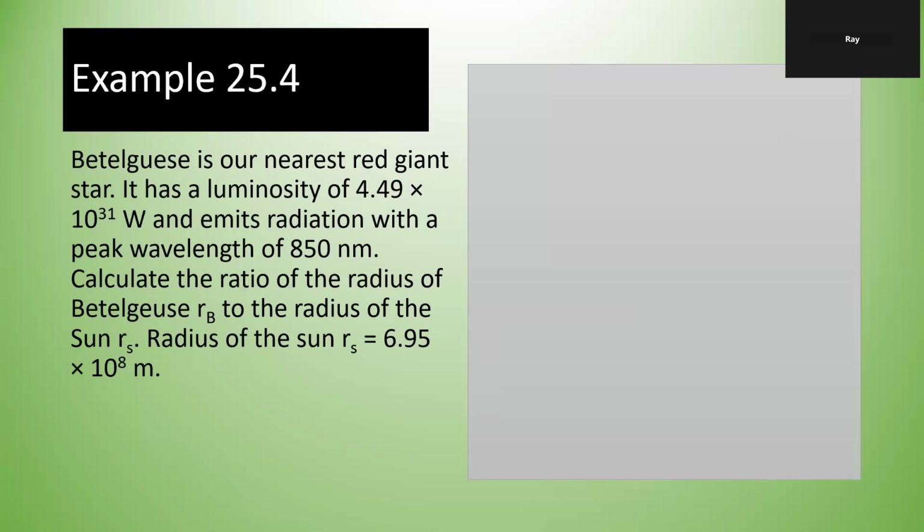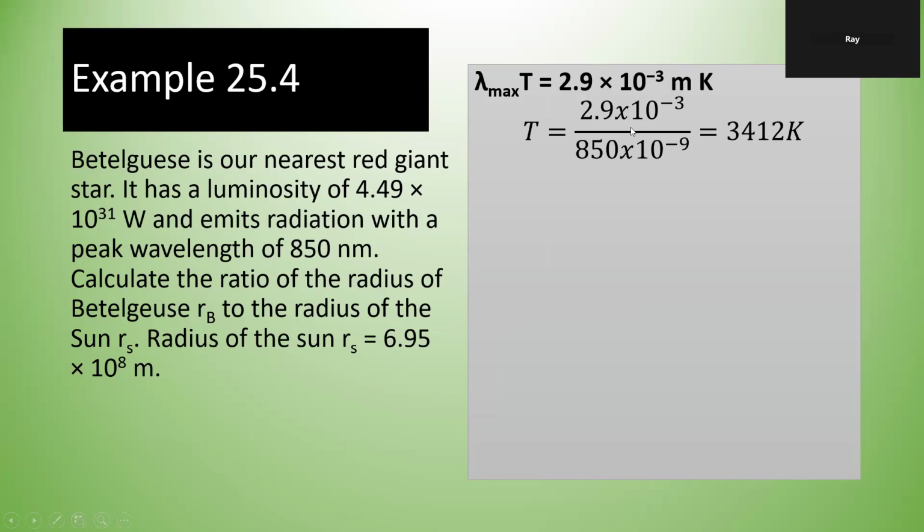Calculate the ratio of the radius of Betelgeuse, RB, to the radius of the sun, RS. The radius of the sun is given. If they require you to use the constant, they will have to give you this value.